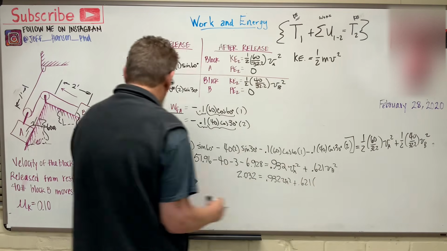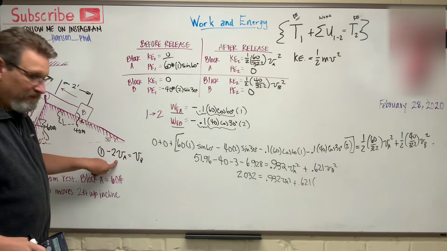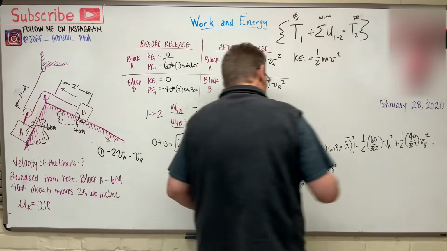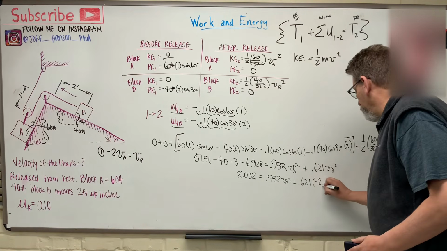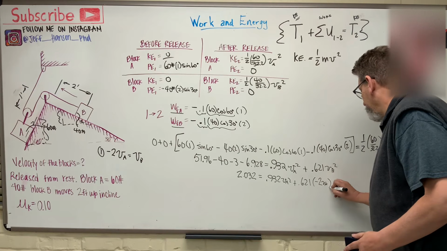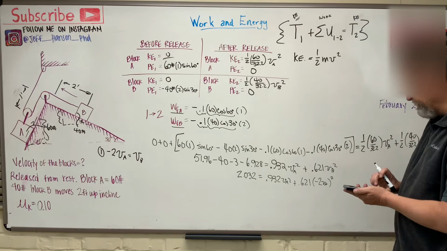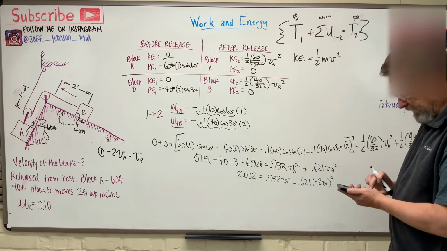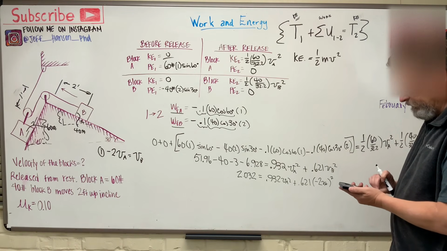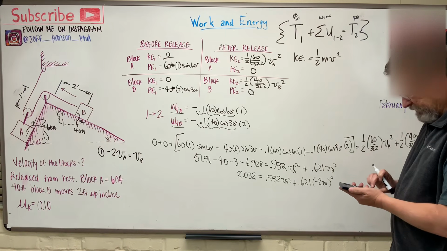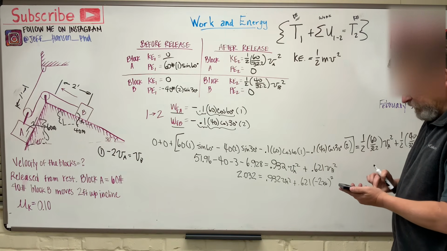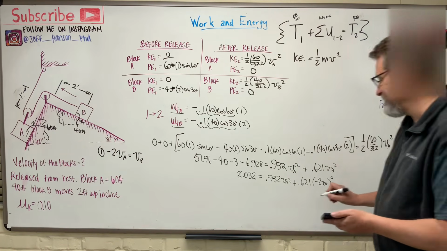Oh, let's substitute VB for that, right? So minus 2 VA quantity squared. So that's just going to turn into a 4 VA squared, isn't it? So 4 times 0.621 and then plus 0.932 is 3.416.